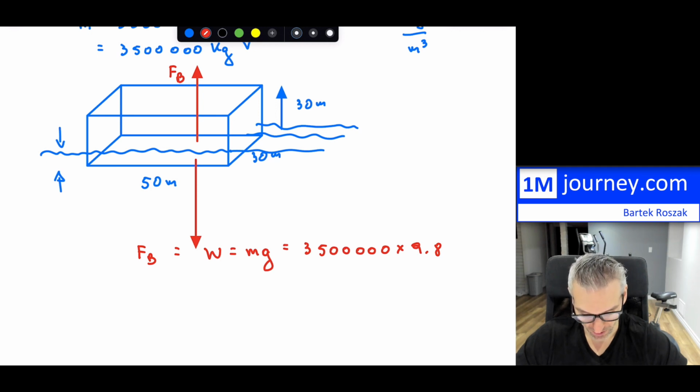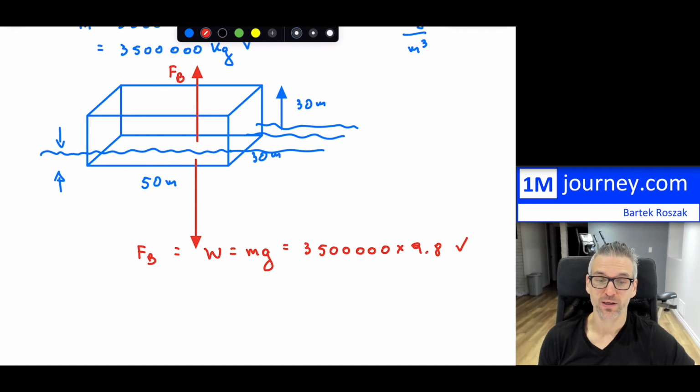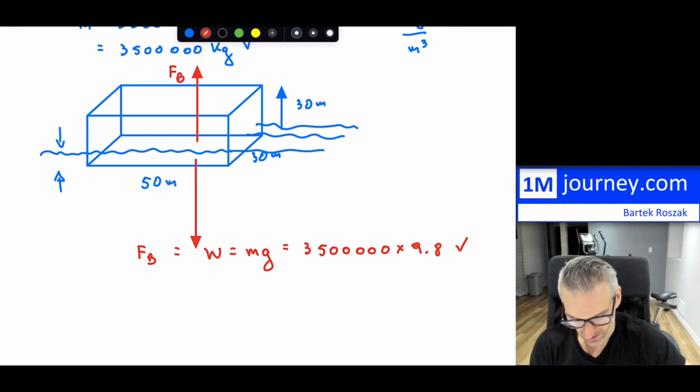What it states is, if it can do this, then it's going to displace that volume of water, which is going to have exactly that particular mass.